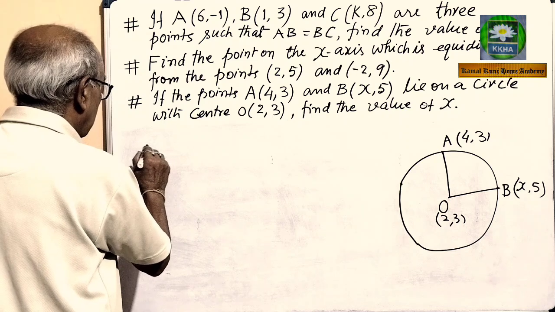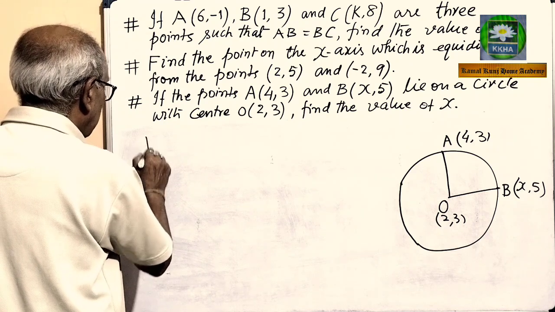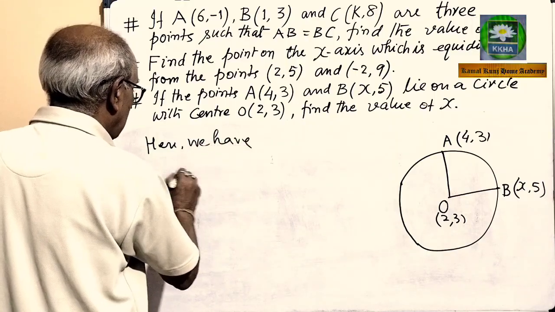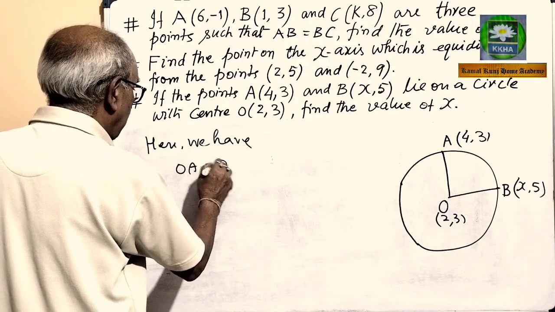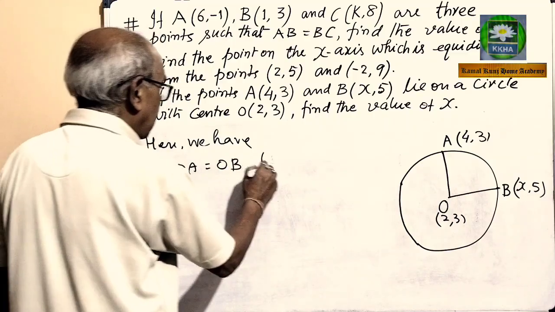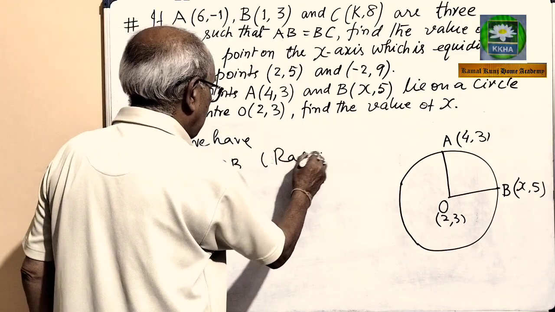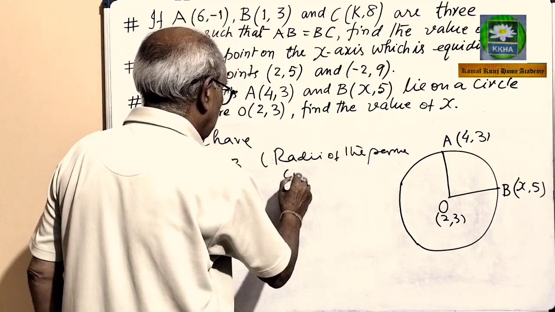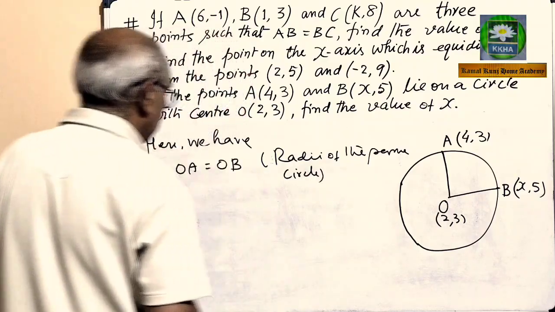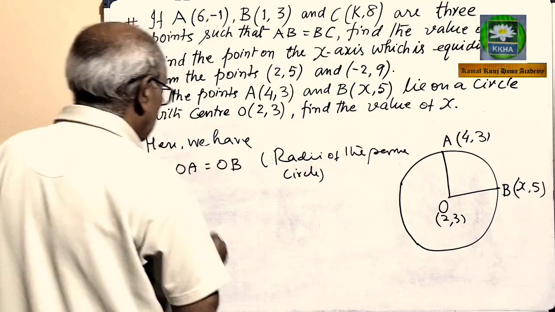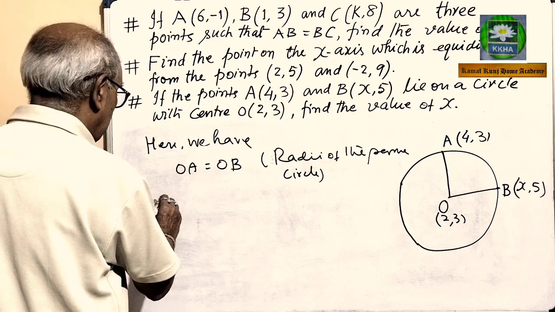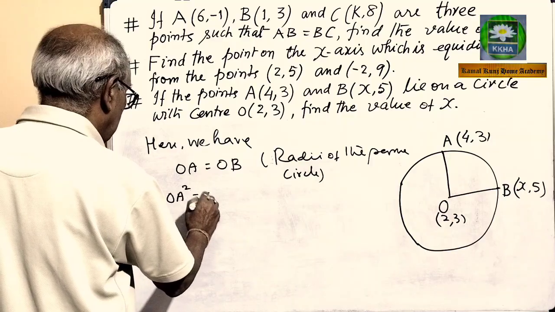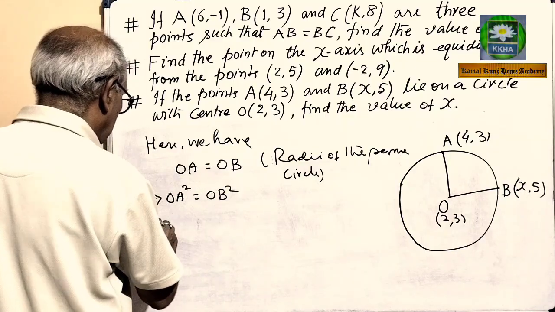Therefore, here we have OA equal to OB, radii of the same circle. This implies that OA square will be equal to OB square.